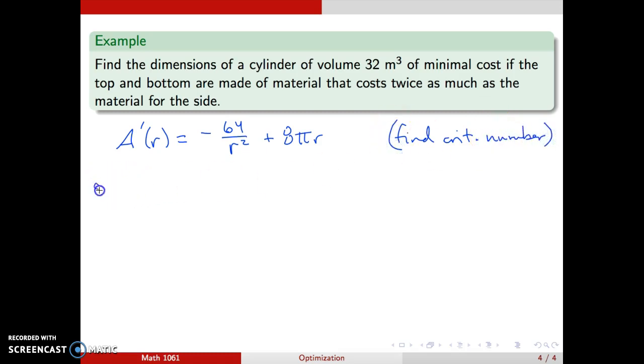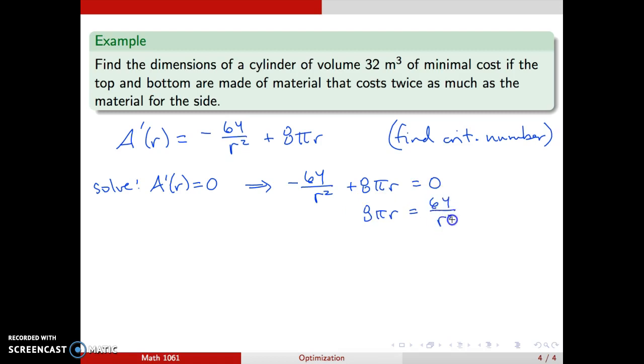We set this equal to 0 and solve. So I've got r cubed equals 64 over 8 pi, or just 8 over pi.